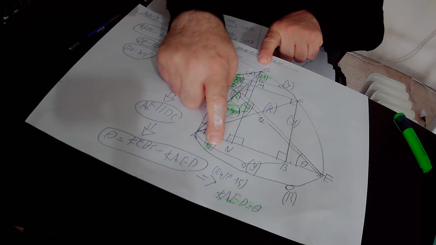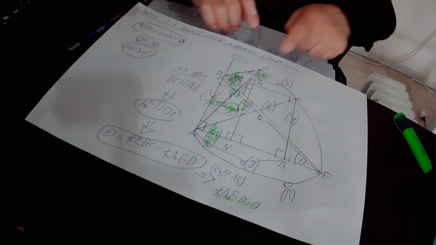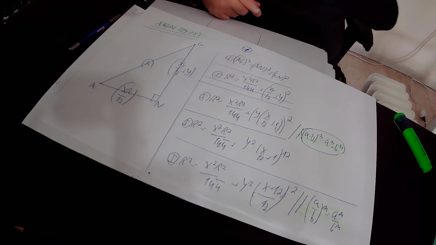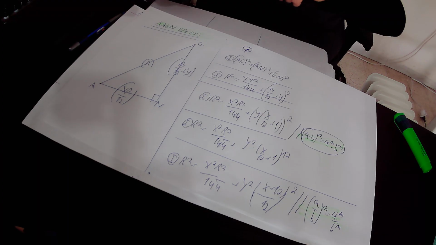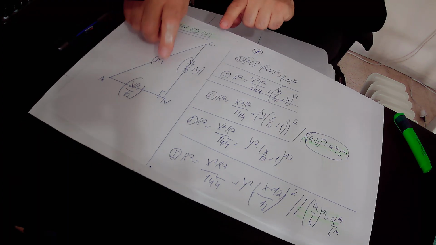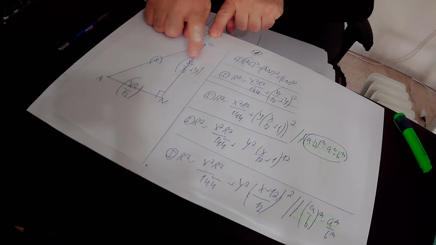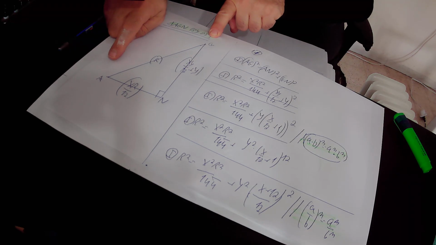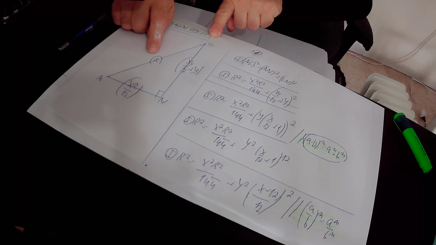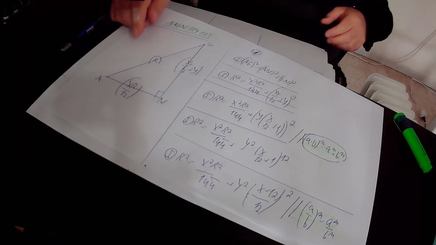That is to say, GN in total equals GM, that is xy over 12, plus MN, that is y. So in total, GN equals xy over 12 plus y. Again, this is the right triangle AGN that I copied from the original drawing. GA is the hypotenuse of this triangle AGN that equals r, and AN equals xr over 12.